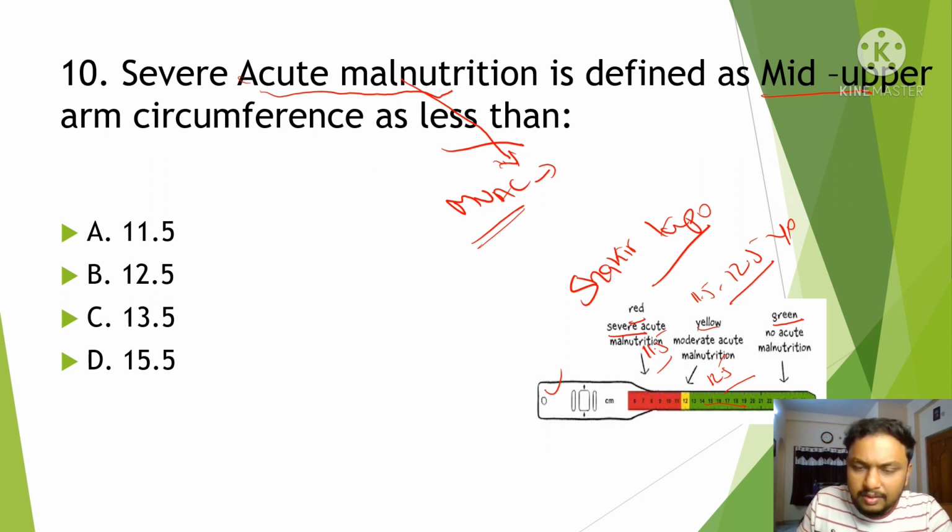It means severe acute malnutrition. So your answer is A, 11.5 or less than 11.5 is considered severe acute malnutrition. By using the Shakir tape, measuring the mid upper arm circumference, you will tell the acute malnutrition. Next question.